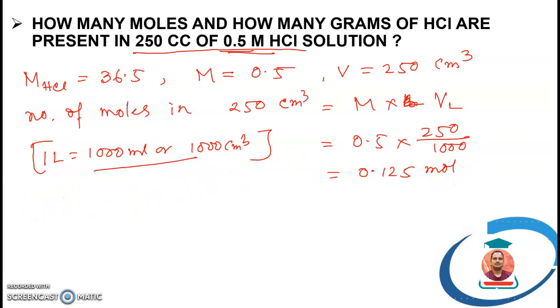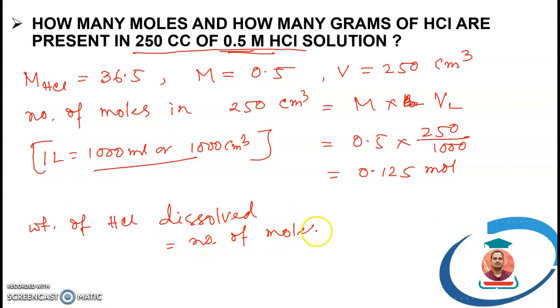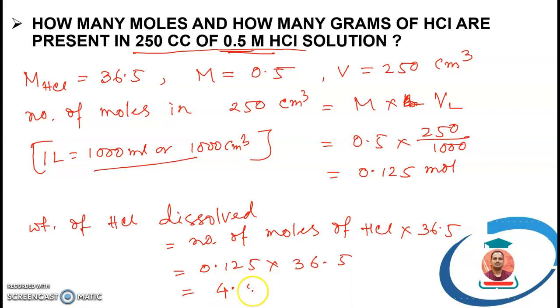So what is the weight of the HCl dissolved? Weight of HCl dissolved equals the number of moles of HCl into its molecular mass, 36.5. The number of moles is 0.125, into 36.5, and ultimately it comes to 4.5625 gram.